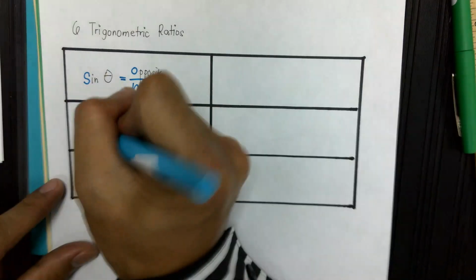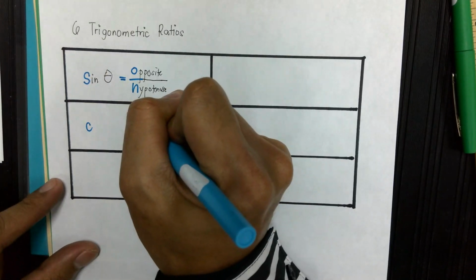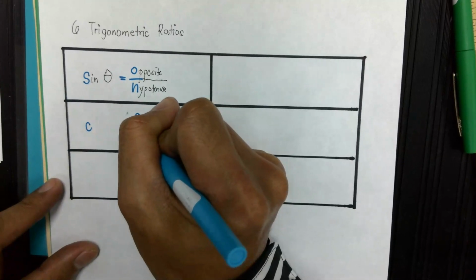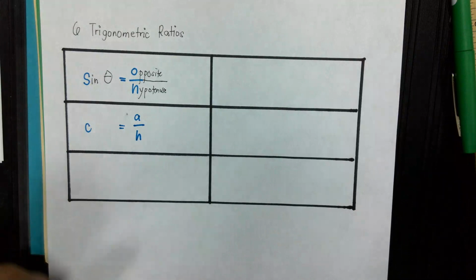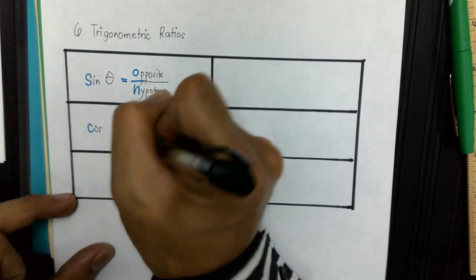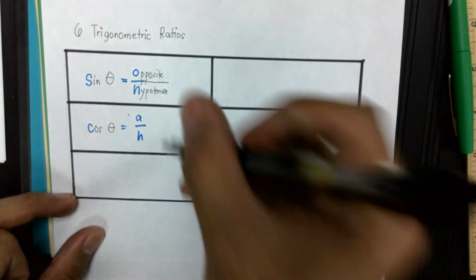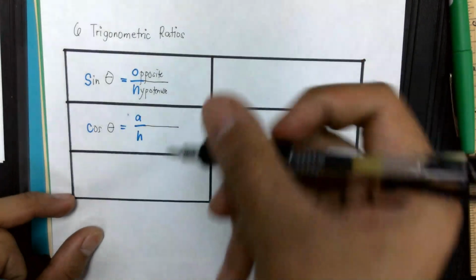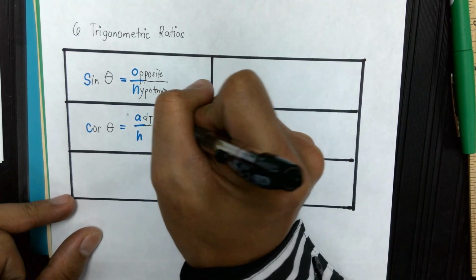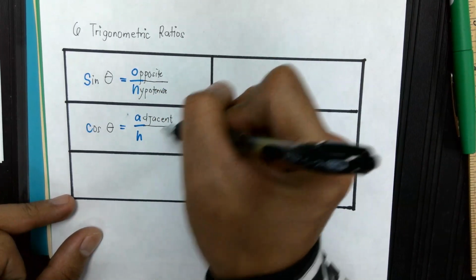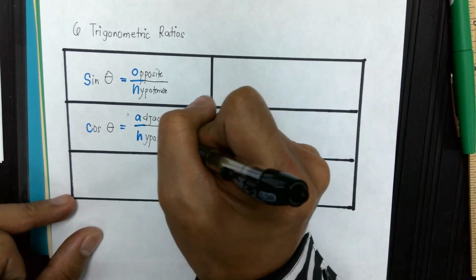And then we have CA, which refers to the cosine theta function, which would need the ratio between the adjacent side and the hypotenuse.